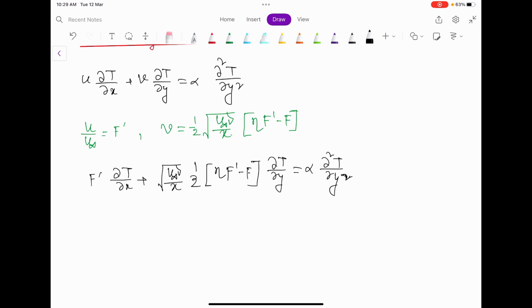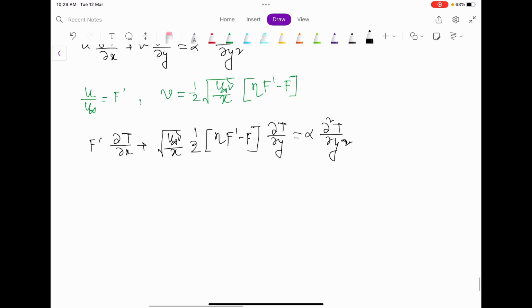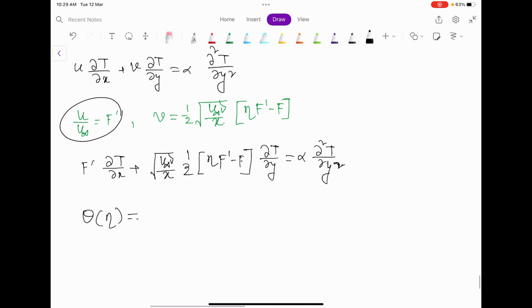So what we do is we define a variable here, theta, that is a function of eta. As I am using the same variables for u and v that were computed from the previous similarity solution, here also the similarity variable is eta. Okay, so eta was what? y by delta, and delta was what?